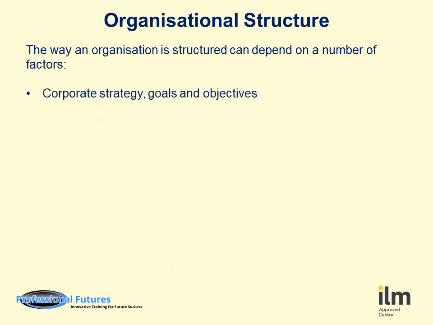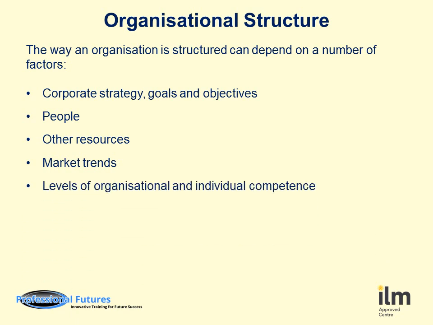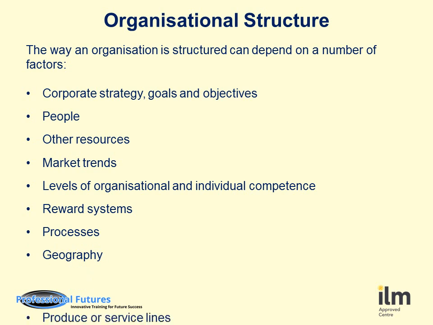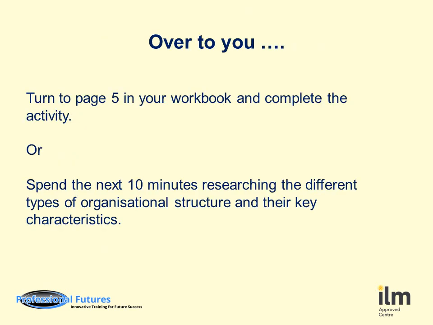Starting with corporate strategy, goals and objectives, people, other resources such as machinery and equipment, market trends, levels of organisational and individual competence, reward systems, processes, geography, and finally, product or service lines.